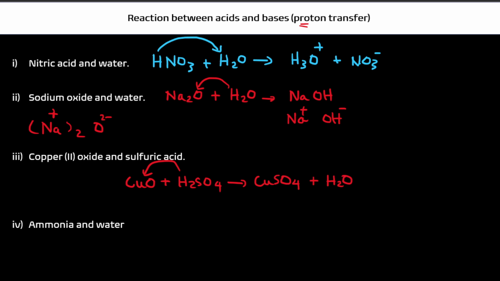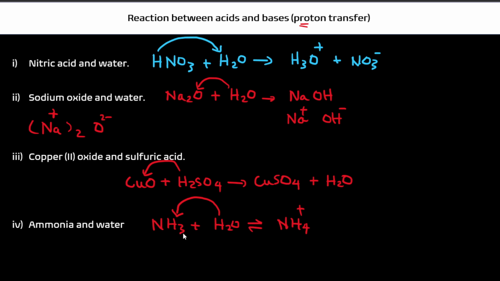Now our final equation to learn today is ammonia and water. Ammonia is NH3 and water is H2O. It undergoes a reversible reaction, and water is an acid because it will donate one hydrogen ion or one proton to NH3 in order to form NH4 plus.